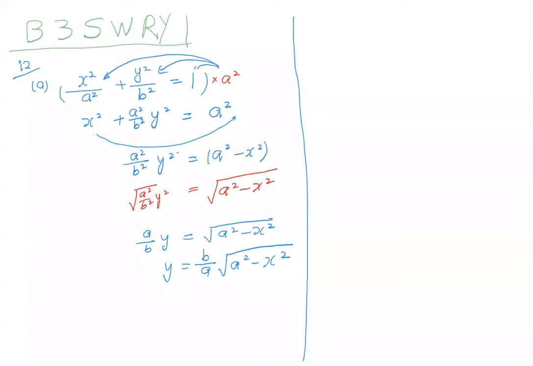Now, if in the exam I happen to give you, say, given x squared over a squared plus y squared over b squared equal to 1, I ask you to find dy over dx. Can you find dy over dx straight away from here?